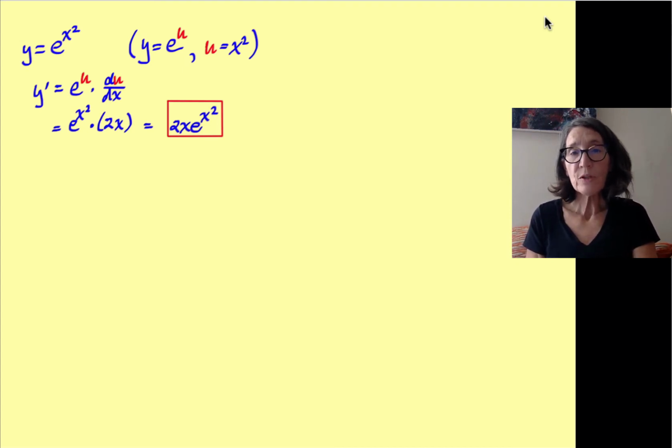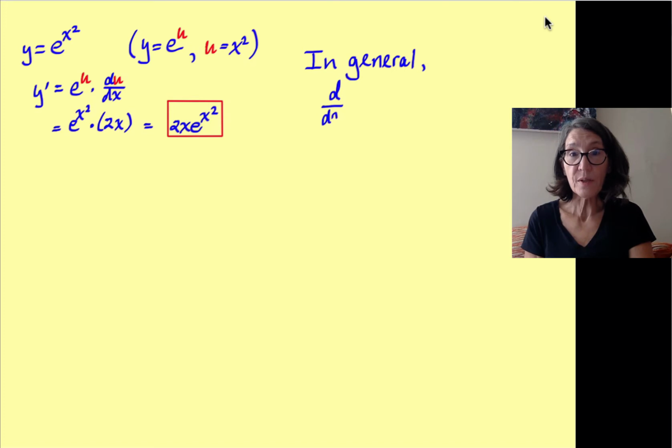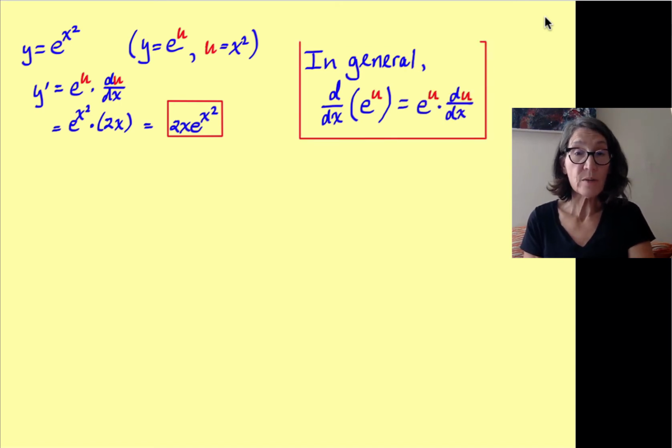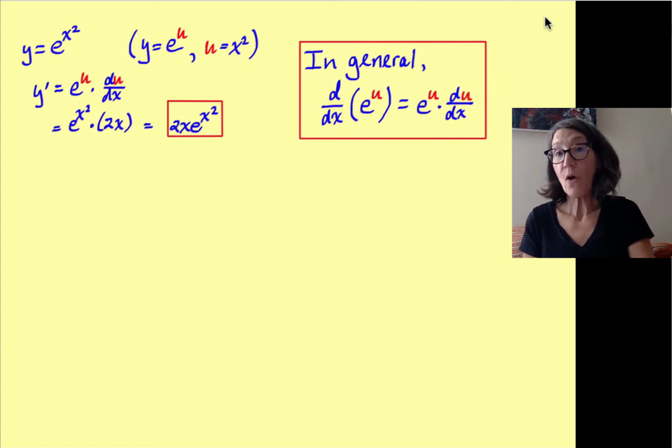So what we used was a formula for a composite where the outside function is the natural exponential. In general, for a natural exponential function of the form e to the u, the derivative with respect to x of e to the u is always e to the u times du/dx. Okay, so this is what we're going to use to get a formula for all exponential functions.